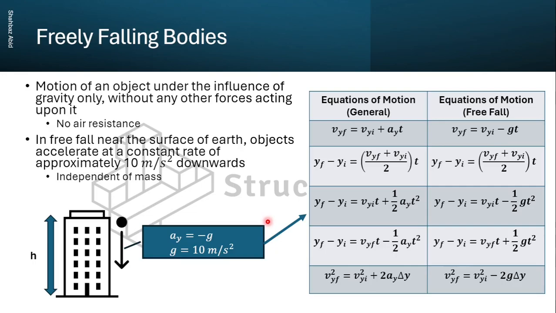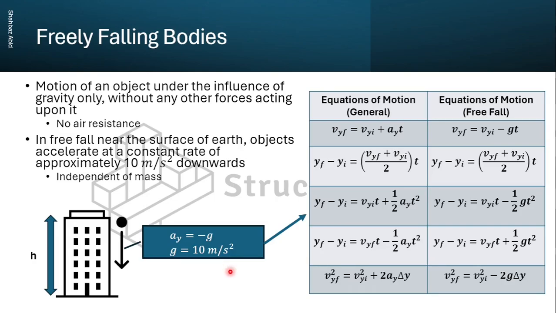When the object is moving along the height and there are no other forces acting upon it, no air resistance, and only the gravitational acceleration is in action, then the object is considered to be in free fall motion. So in the case of free fall motion, the acceleration is always constant and it's going to be 10 meters per second squared.